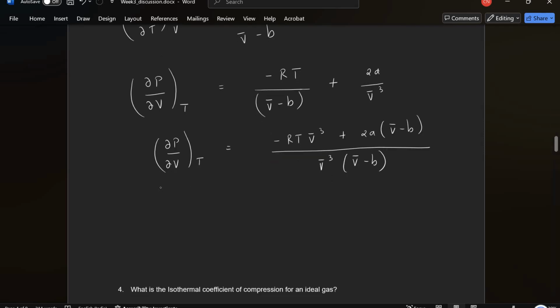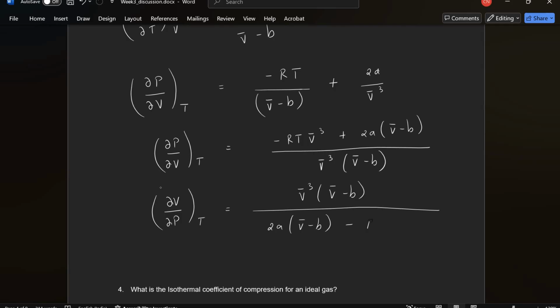So therefore, I'll just do the reciprocal of this. Del V by del P is equal to V bar cube into V bar minus B, divided by 2A V bar minus B squared minus RT V bar cube.